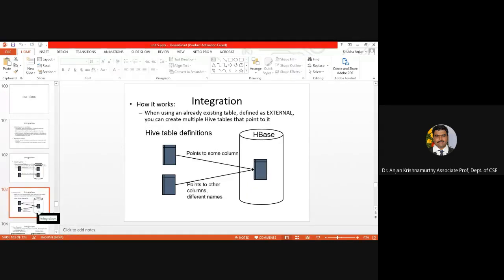The interactions can be something like this: you may have an existing table stored in HBase, and HiveQL defines the table definitions. It points to some columns, points to other columns with a different name, and manages with respect to that. So with HiveQL, the integration is table to column integration.